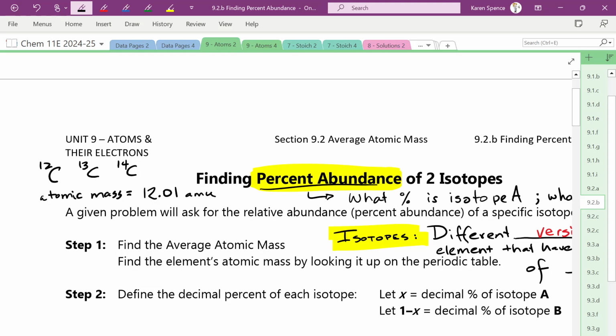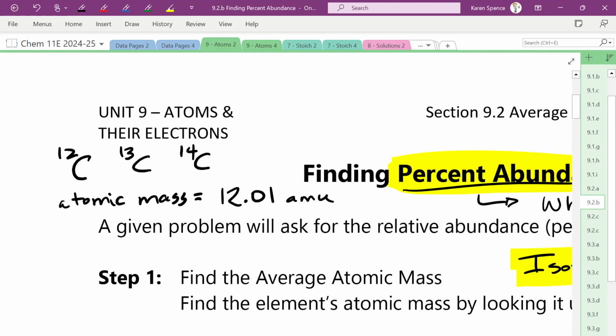What does that tell you about the relative abundance? Relative abundance means how much do you have of one version compared with the other versions? You have a lot of which one? Do you have a lot of carbon 12? Do you have a lot of carbon 13?